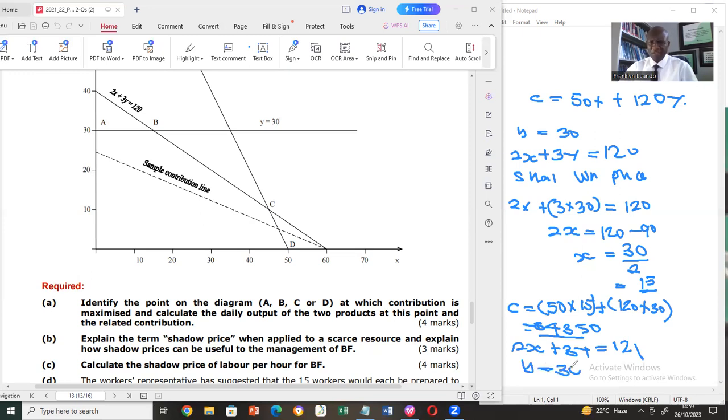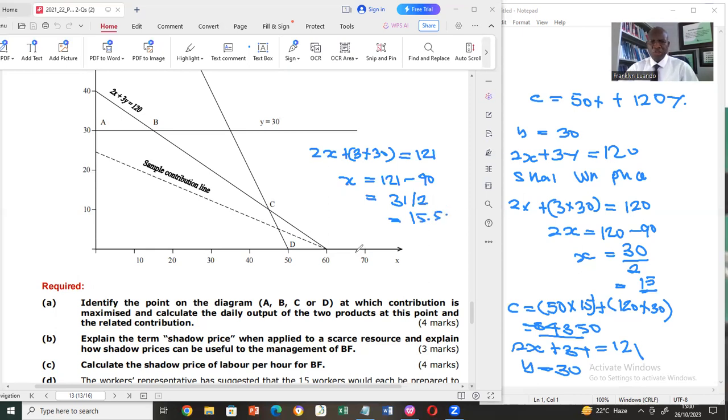It will still remain 30. Therefore, we can find x. 2x plus 3 multiplied by 30 is now 121. x will be 121 less 90, which is 31 divided by 2. And this will be 15.5.